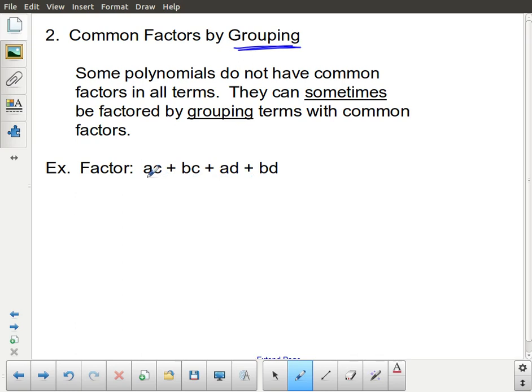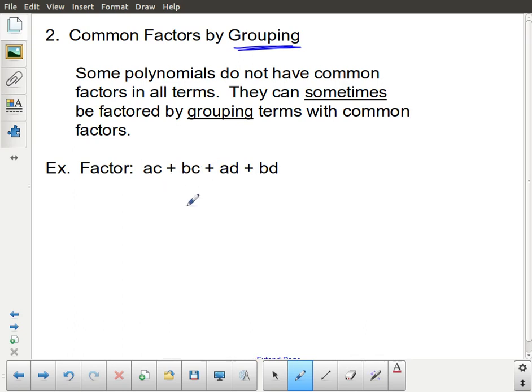A appears in the first and the third, B appears in the second and the fourth, C appears in the first and the second, and D appears in the third and the fourth terms. So there is no single variable that I can take out.